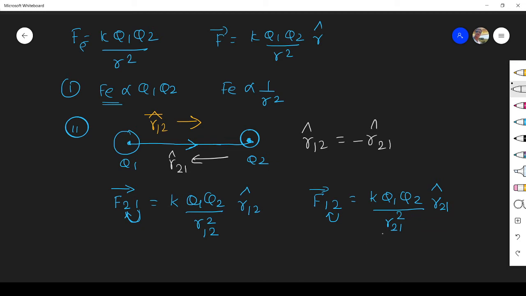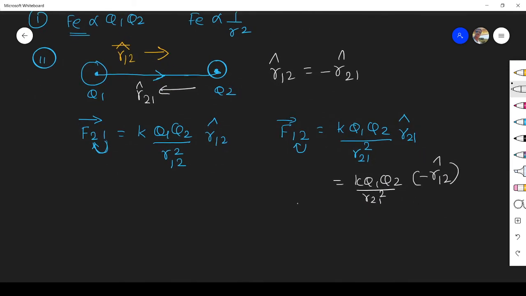So instead of R21 cap, I can substitute minus R12 cap. Clear? So F21 is equal to minus K Q1 Q2 by R12 squared into R12 cap, because you take the minus outside.